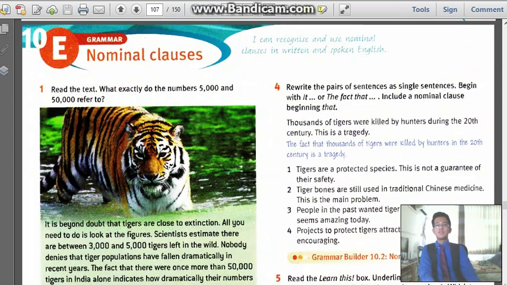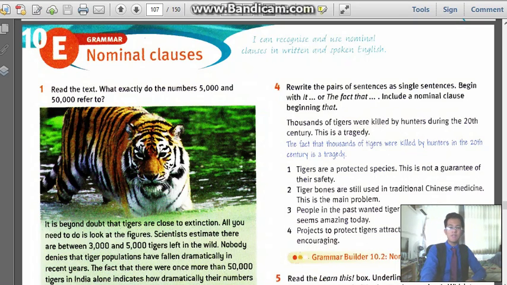Rewrite the pairs of sentences as single sentences. The sentences given in exercise number 4 are double; all you need to do is make it only one. Begin with it or the fact that. Include a nominal clause beginning with that.